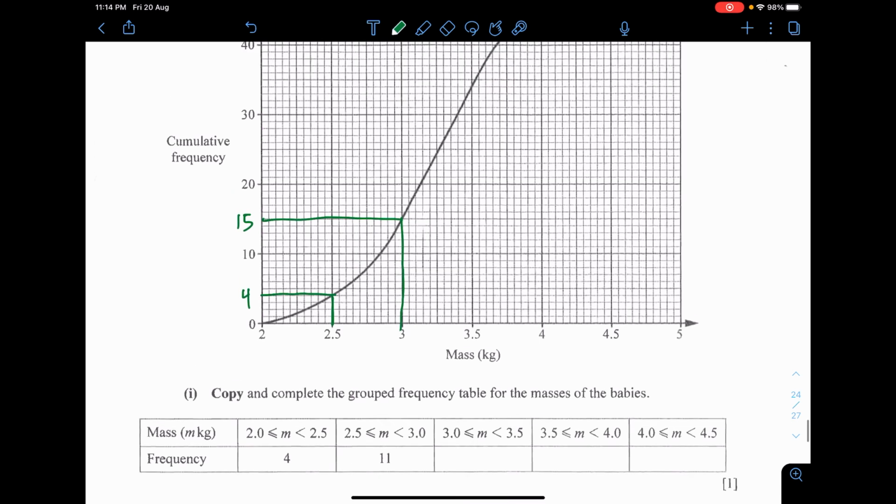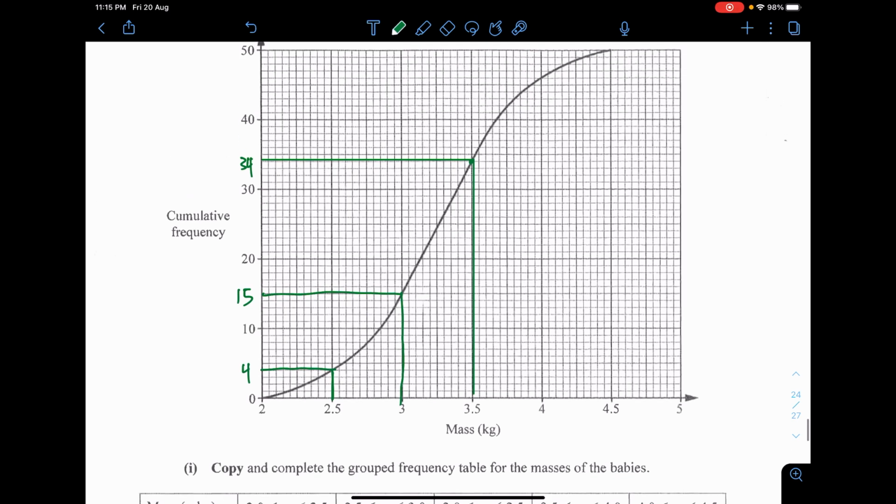That's why they put 11 here. Next is 3 to 3.5. I think this is the 3.5's location, and that will reach the 34. So 34 minus 15, that's the number of babies with mass between 3 to 3.5 kg. That will be around 19 babies.